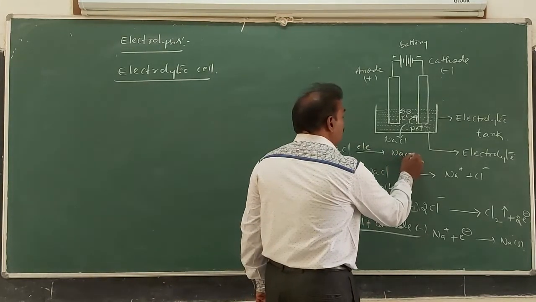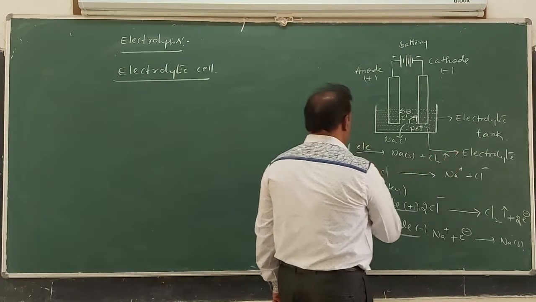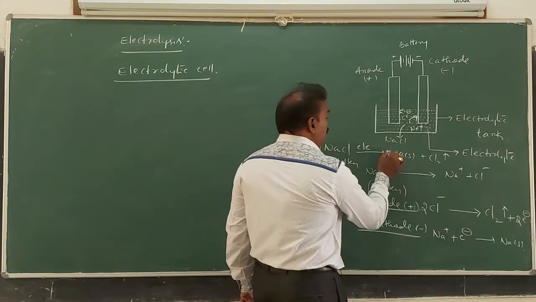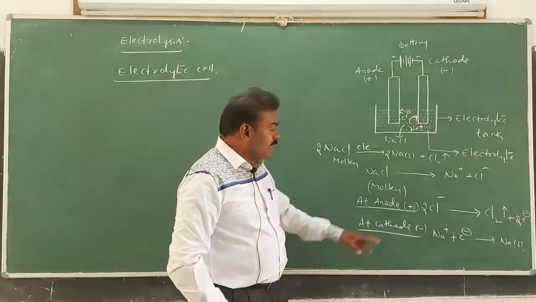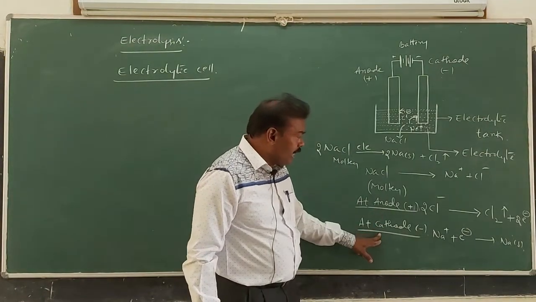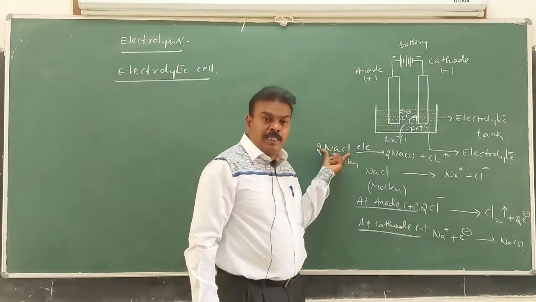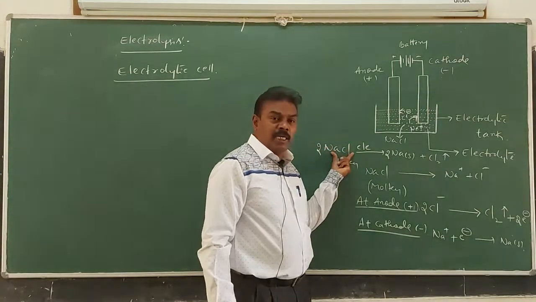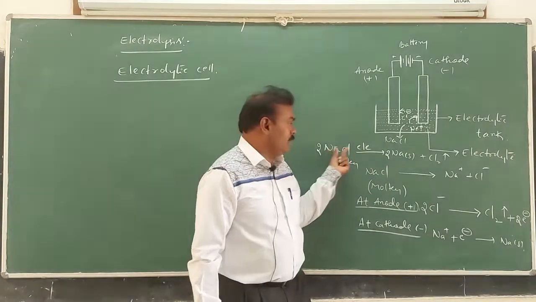Sodium solid and then chlorine gas. So 2 moles of NaCl give 2 moles of Na and 1 mole of chlorine gas. This is the reaction taking place on the anode as well as on the cathode, and it is the overall reaction.